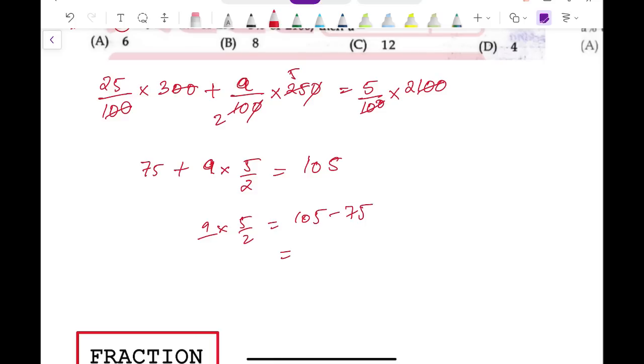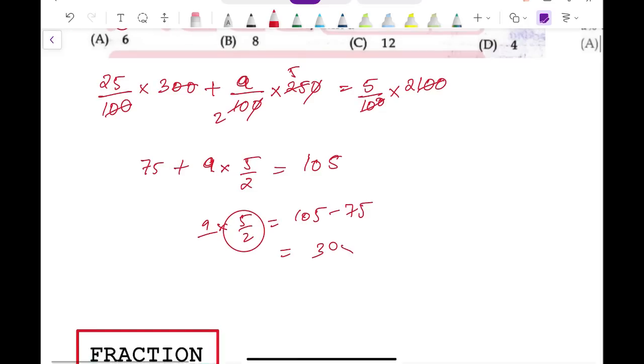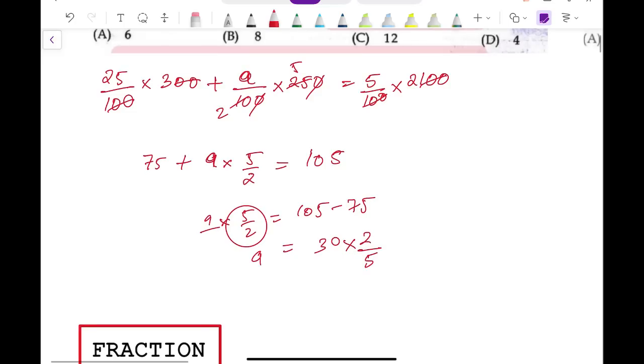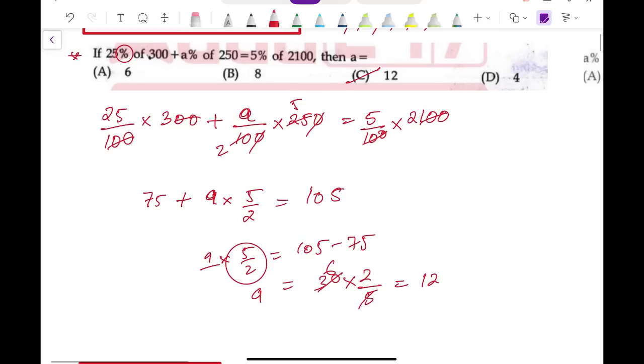If we subtract this, 5 minus 5 will be 0, and 10 minus 7 is 3. So if I transfer this to the other side, the denominator will go to the numerator, and the numerator will go to the denominator. So 6 2s are 12. The answer here is 12.